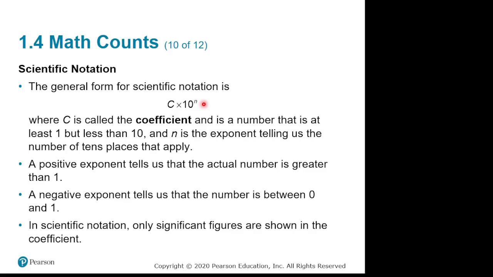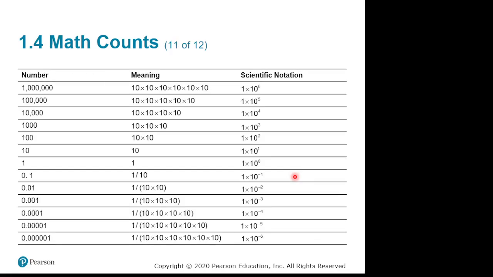And so 10 to the positive powers, those are going to be large numbers like hundreds, thousands, right? 10 to the negative powers, those are going to be your small numbers like 10 to the negative 1 is 0.1, right? And so we can avoid that entire situation. Your coefficient has the number of significant figures it should have. That's it. You don't have to worry about anything else. Okay? Makes life a little bit easier.